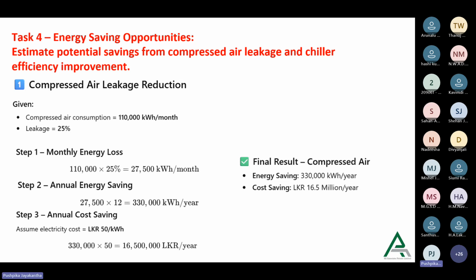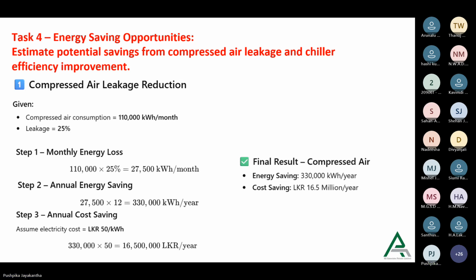Okay, let's move forward. So there are two hints in this case study: 25% leakage in compressed air systems, and the monthly energy consumption is 110,000 kilowatt hours per month for this compressed air. First you have to calculate the monthly energy loss. So you multiply the monthly energy consumption by the loss of 25%, and you get the monthly energy loss.